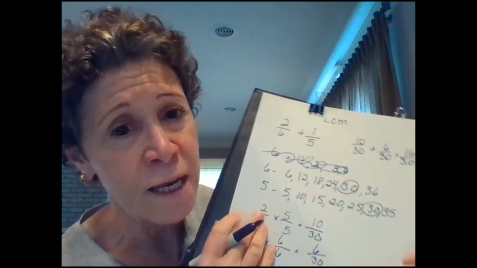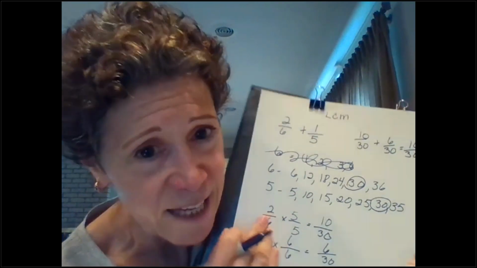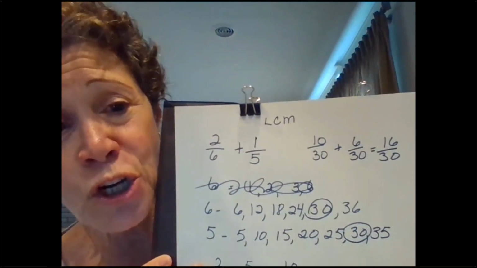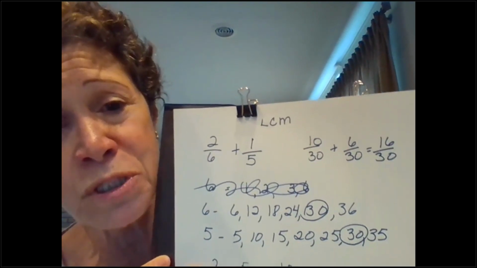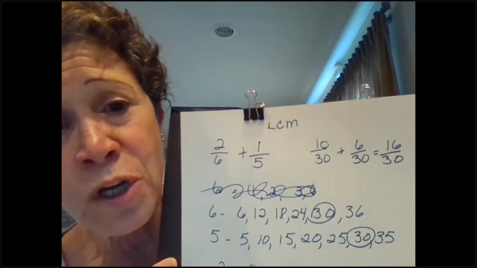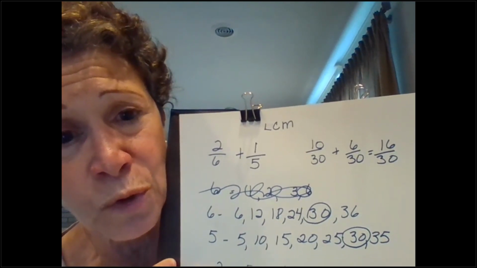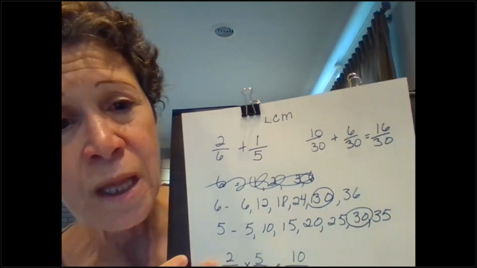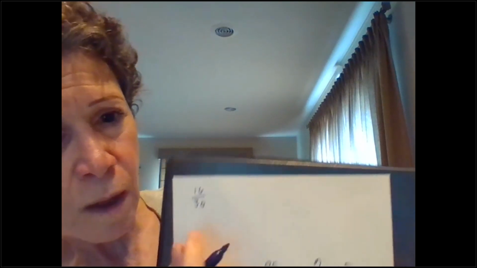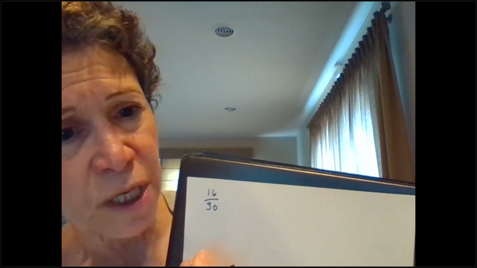Good. Okay, now let's take that, whoop, there it is, the 16/30ths, and let's make sure that we have that in lowest terms. So now we're going to think about greatest common factor. Okay.